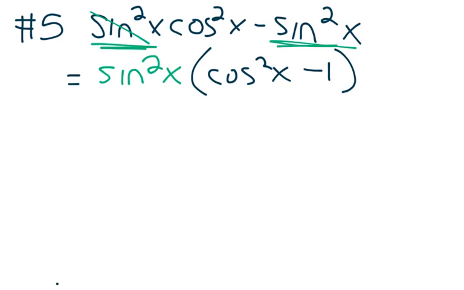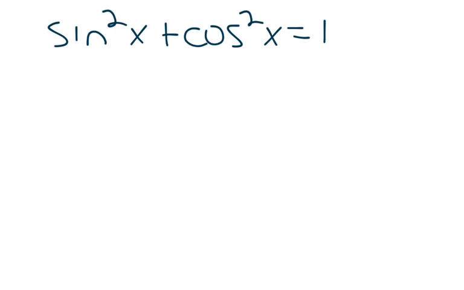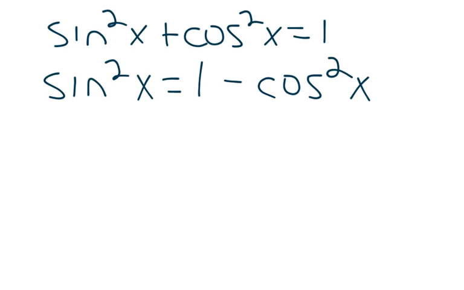So this is why I wanted to do number 5, because this part here causes an issue. Because if you look at our identity, it says that sine squared x plus cosine squared x is 1. So if I subtract cosine squared from both sides, I get 1 minus cosine squared x.